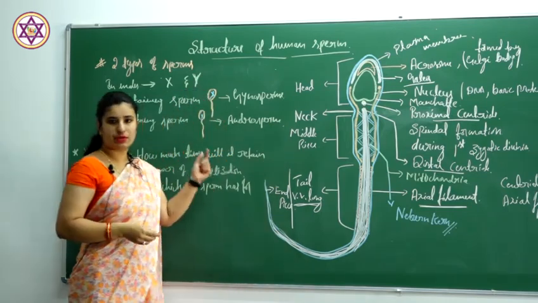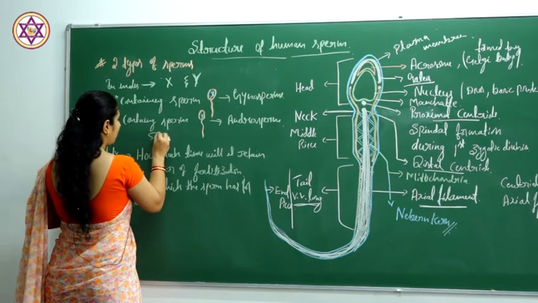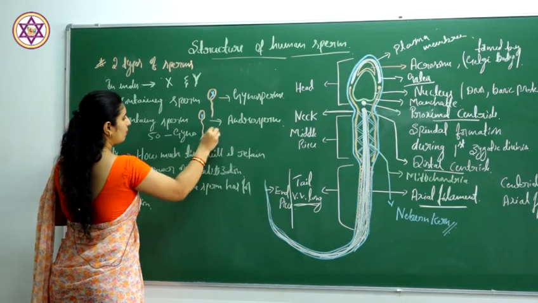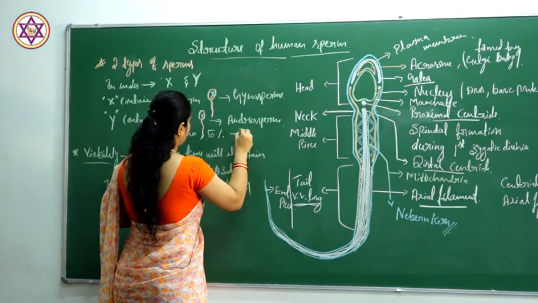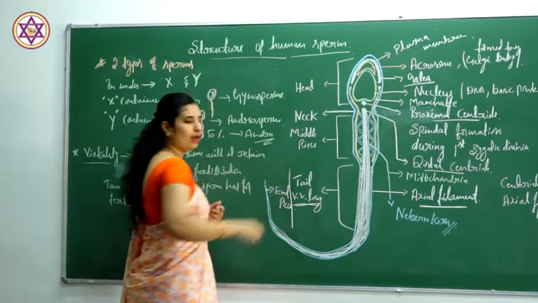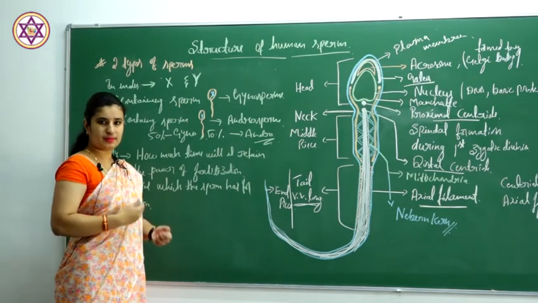So these are the 2 types of sperms: we have 50% gynosperm and 50% androsperm.